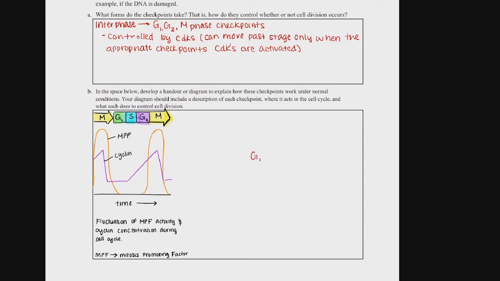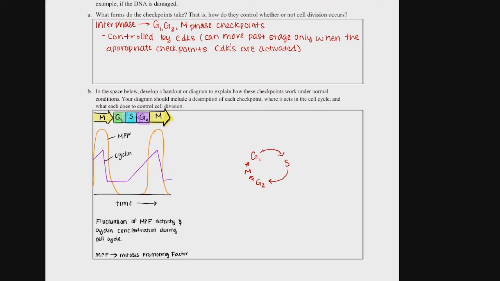So if we were to draw this in a circular fashion, like so, M is really short, there's a checkpoint here, here, here.